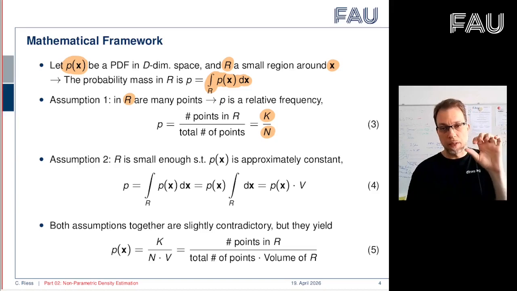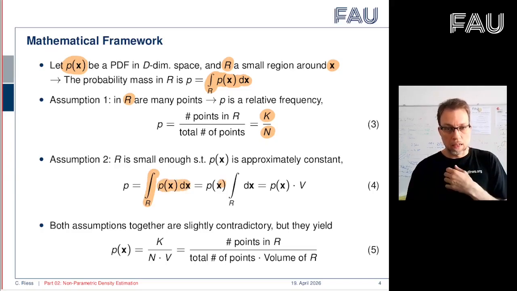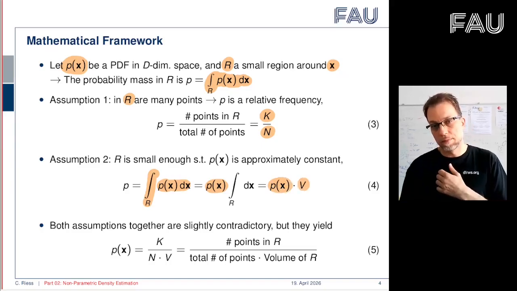So it's approximately constant in that area. So if we evaluate this integral over this region R of P of x dx, if P of x is constant in there, we can pull it out of the integral, which rewrites to P of x times the volume of that space.